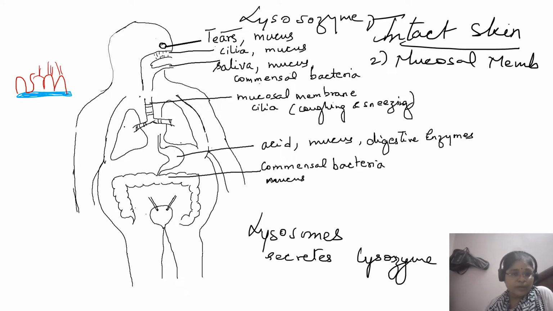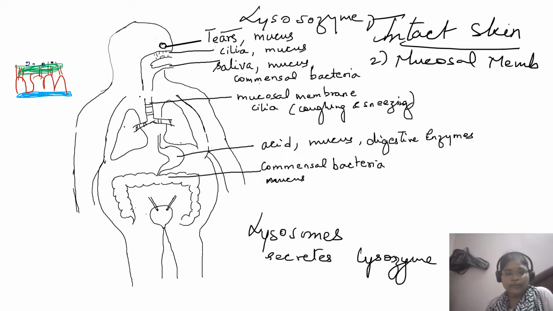These cells release your mucus. Whenever any particle like dust comes over it, it sticks to the mucus, and it gets moved out with the help of your cilia.